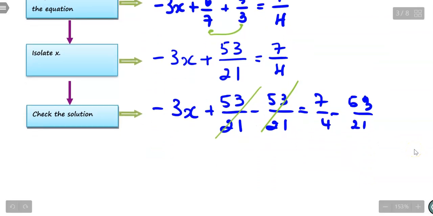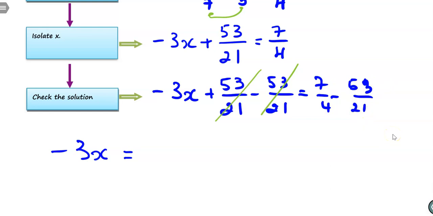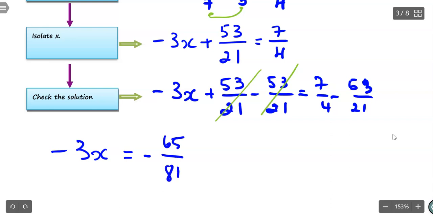Okay, so now I'm going to have negative 3x equal to, and now you can go ahead and use your calculator and take 7 over 4 subtract 53 over 21, using the keys that I asked everyone to work with. In this case I end up with negative 65 over 84.